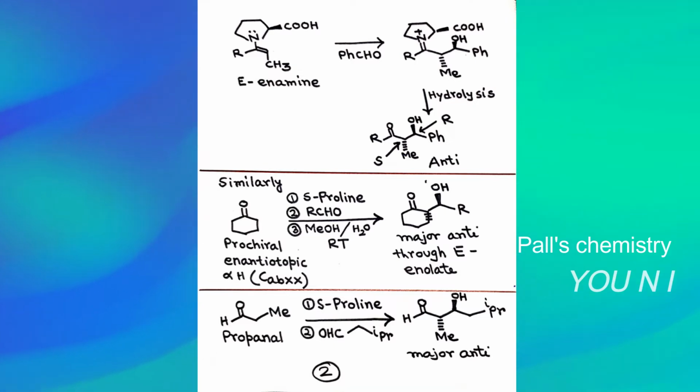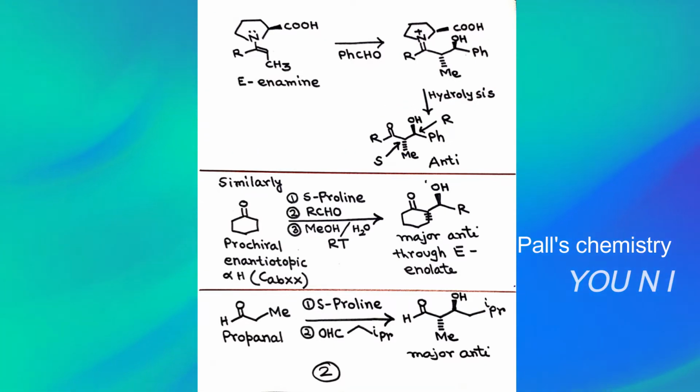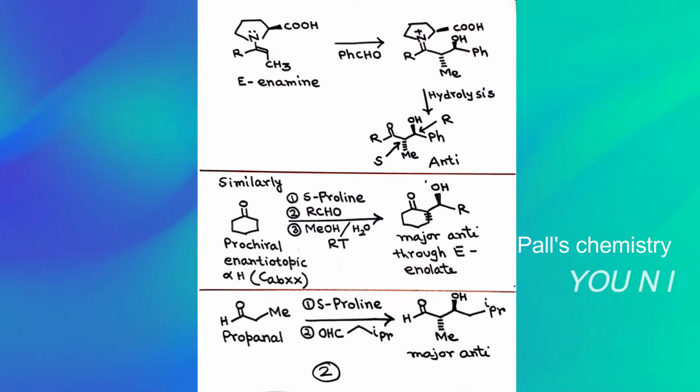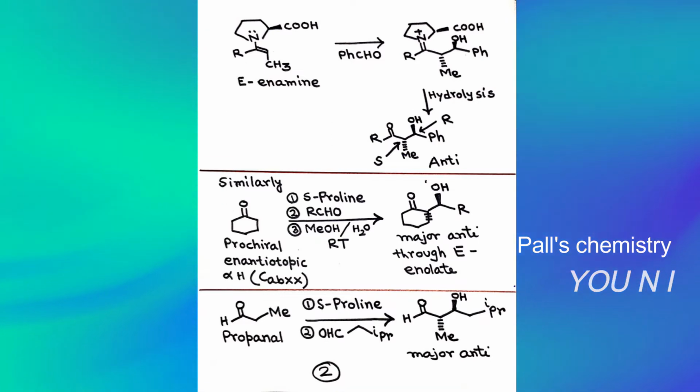and we will get the E-enamine. Now this will undergo the reaction with RCHO, and as the enamine has the E geometry, the aldol product we will be getting, a beta-hydroxycarbonyl compound, will have the anti-orientation.